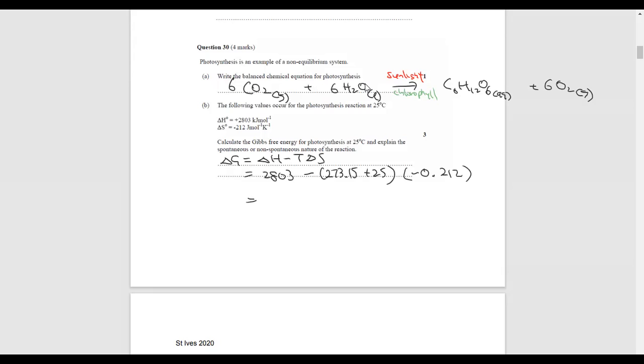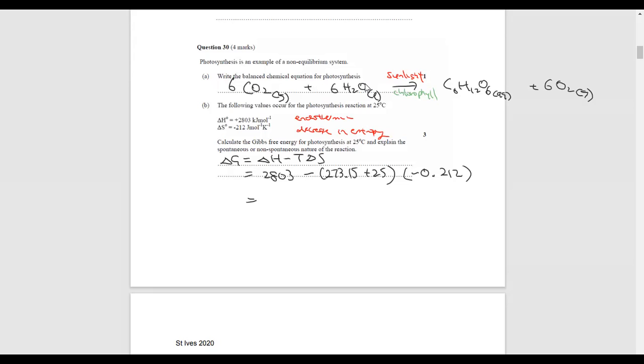Now, you've got a positive delta H, which means it is endothermic. You've got a negative delta S, which means it's a decrease in entropy. Both of these are not going to help it be spontaneous.